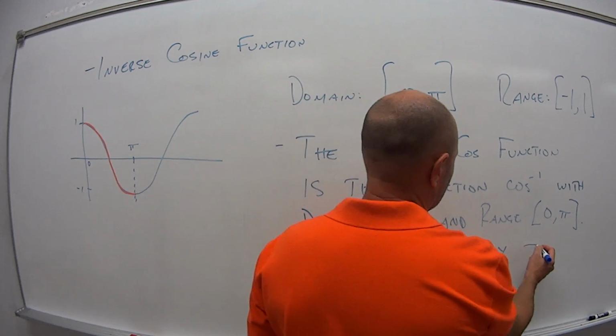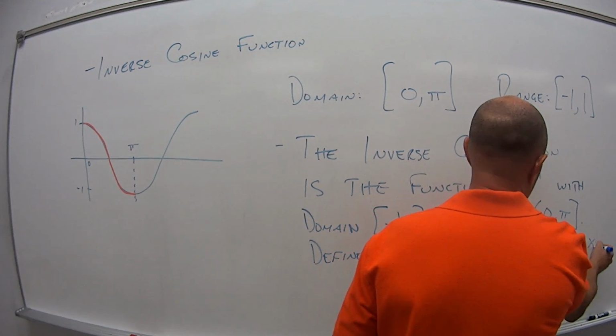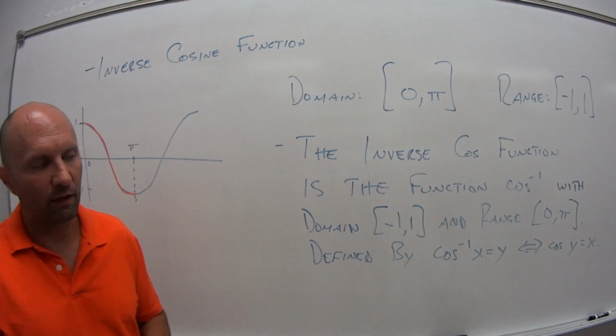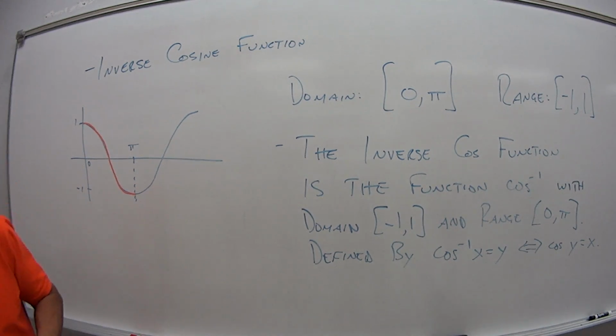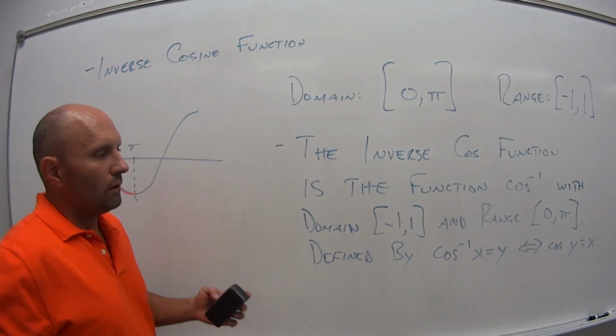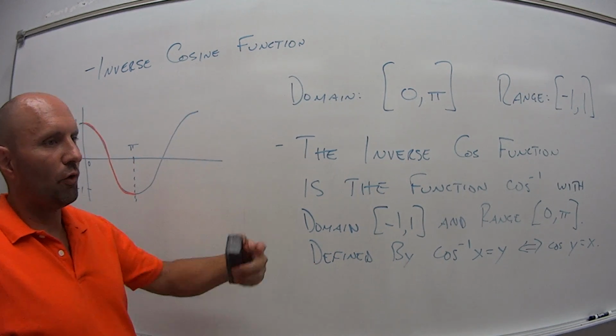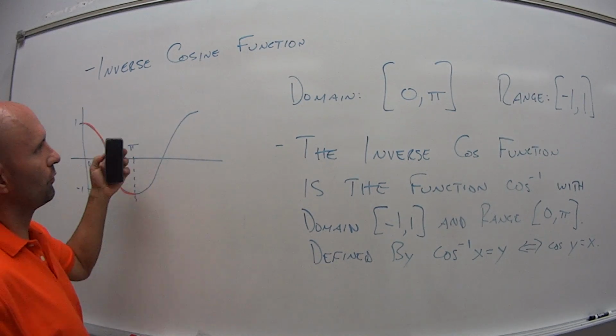This implies that the cosine of y is equal to some value of x. So much like with our inverse sine function, we're basically just trying to go backwards from a value we're given to what would that value of cosine be.